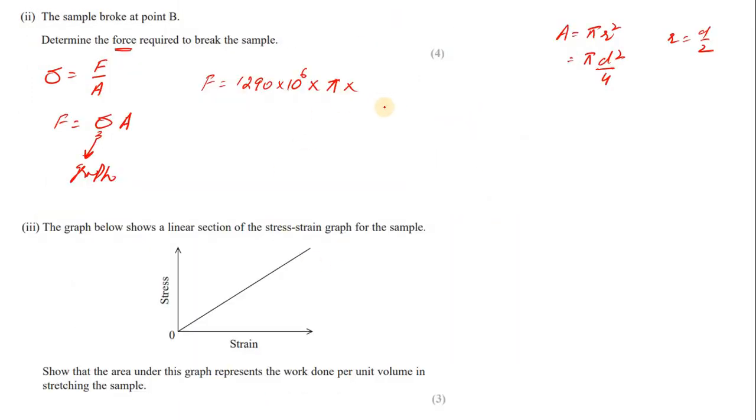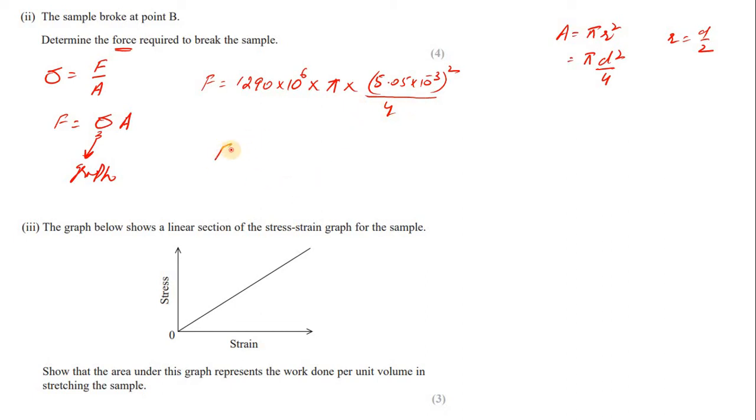So pi, 5.05 into 10 to the power minus 3, whole square. This is diameter square divided by 4. Now you put every number in your calculator.